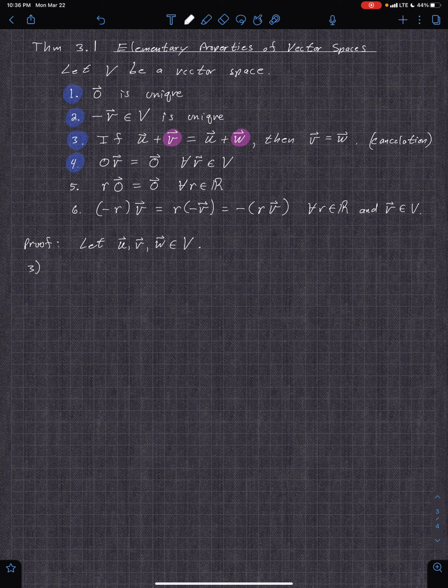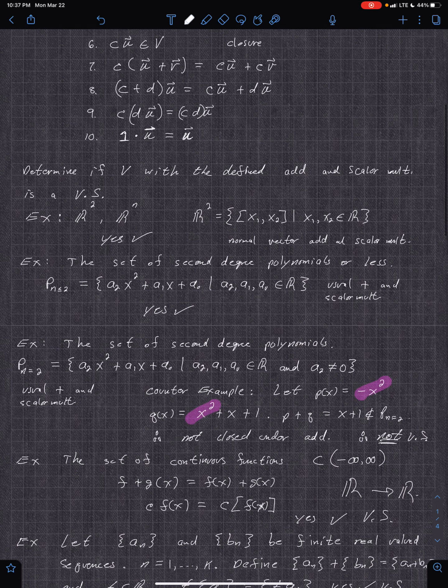So first is the hypothesis of 3. Assume U plus V is equal to U plus W. Now remember, we're going back to all of these properties.